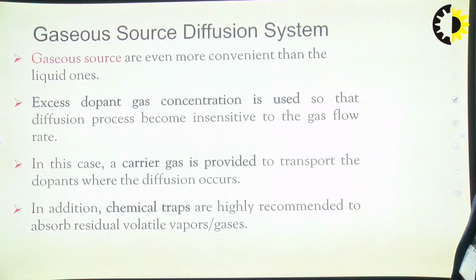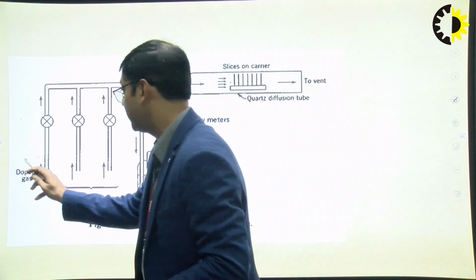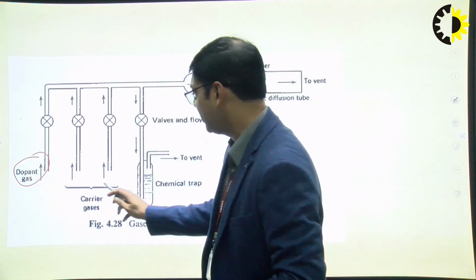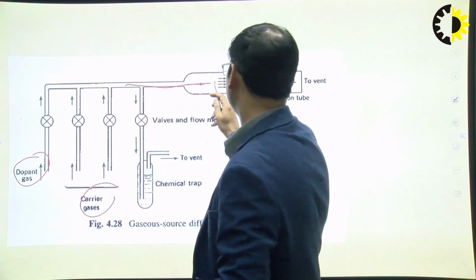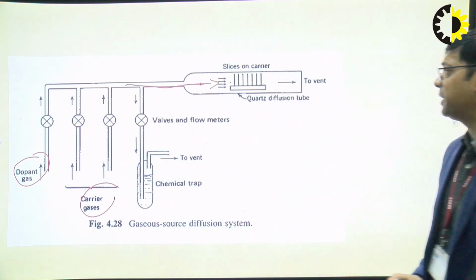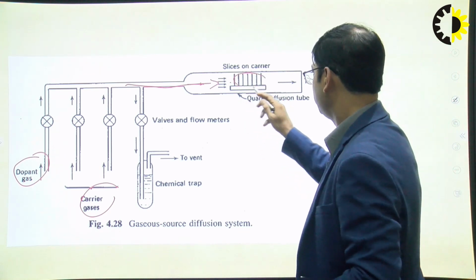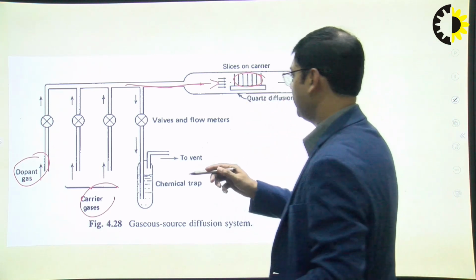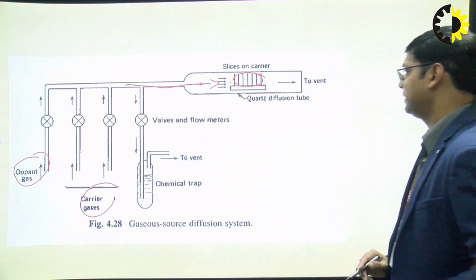And in the last, we have a gaseous source diffusion system in which we are using a dopant gas. So carrier gases along with dopant gases travel to the quartz tube where the slices are kept, and the dopants from these dopant gases are diffused into these slices.